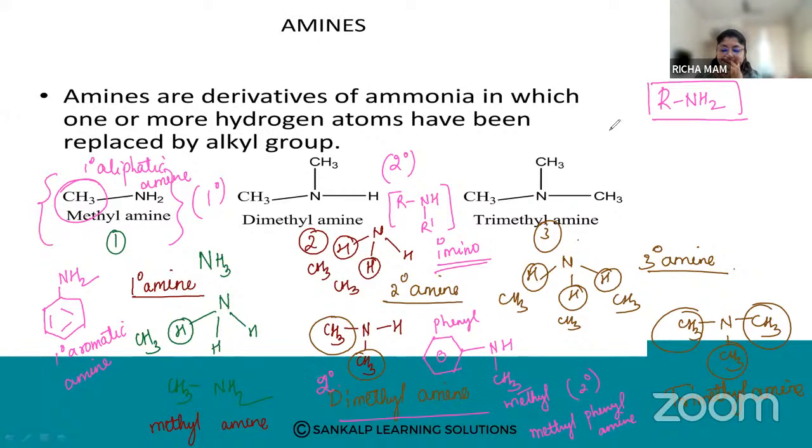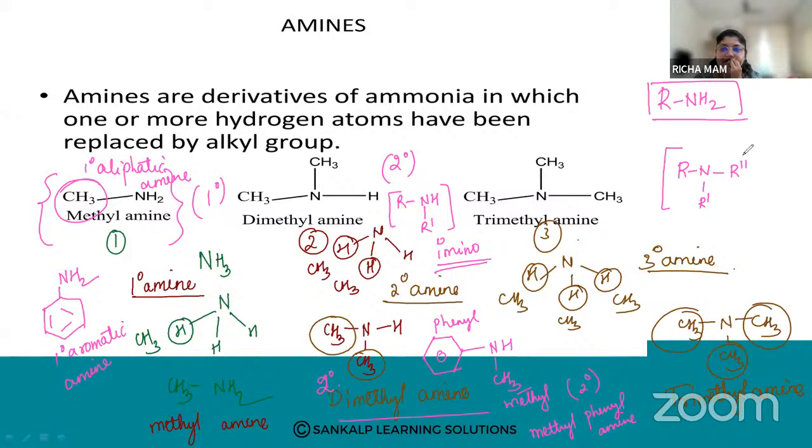Okay, now the third one. What is happening here? All three hydrogen atoms of the ammonia are replaced by alkyl or aryl groups. They are generally represented like this.